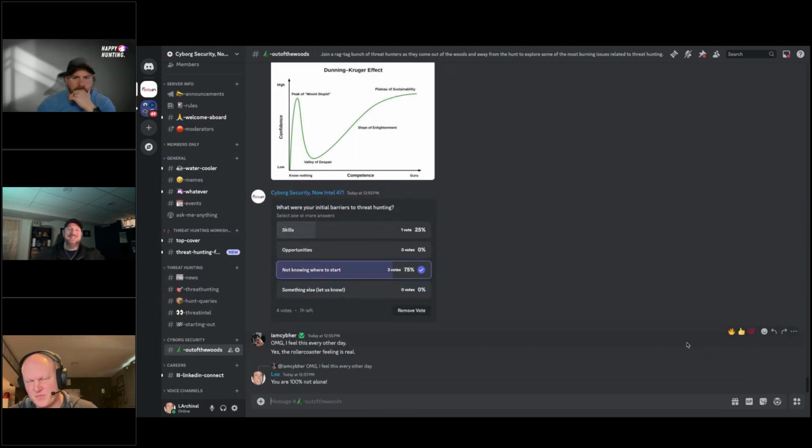I hit my head against the wall so many times, at least at this phase in the game, trying to make sure that my hypothesis is correct, my structure for how I'm going about finding something is correct, and replicating that data is so important to get to that mature, structured hunt that I want to build. And I tend to run into problems being able to emulate that.